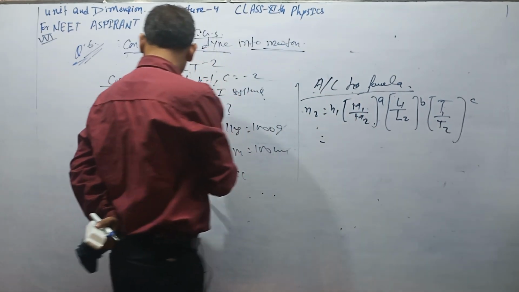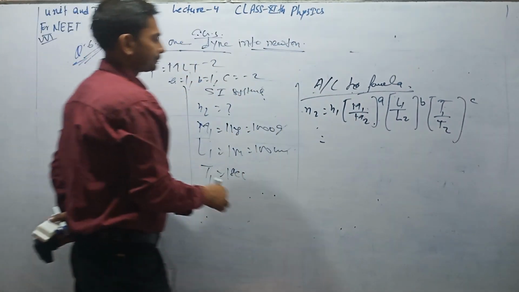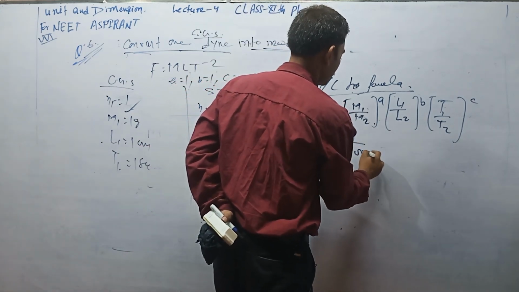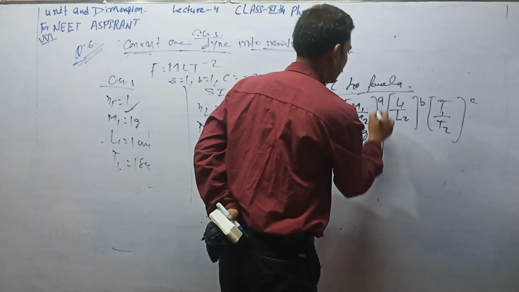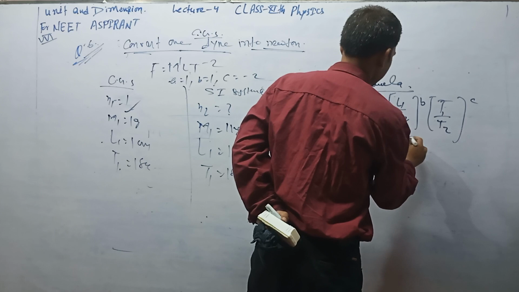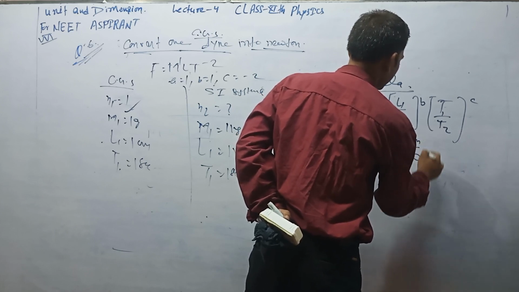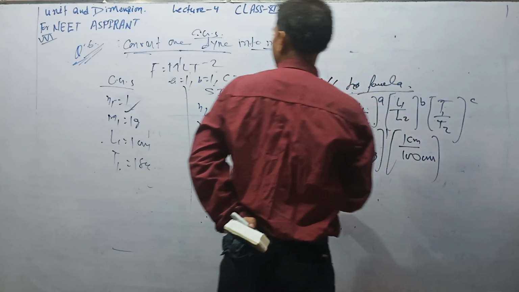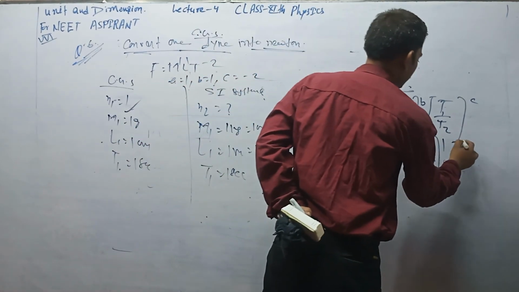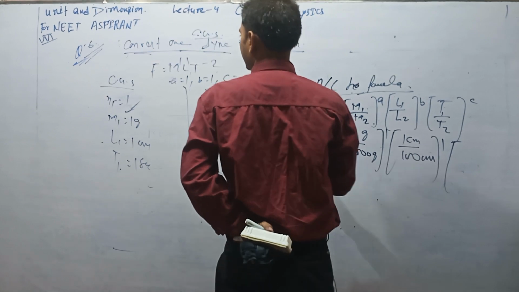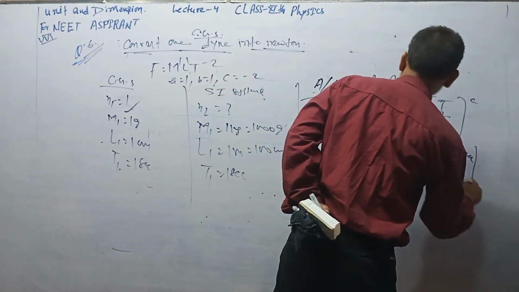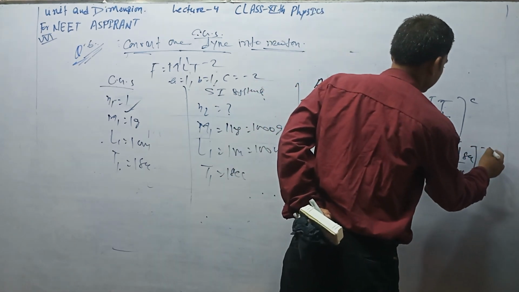That means n1 is 1, M1 over 1000 gram, power 1, 1 centimeter over 100 centimeter, power 1, 1 second over 1 second, power of minus 2.